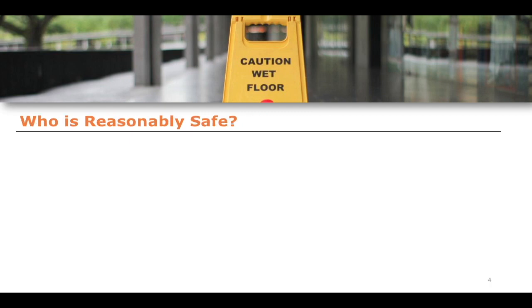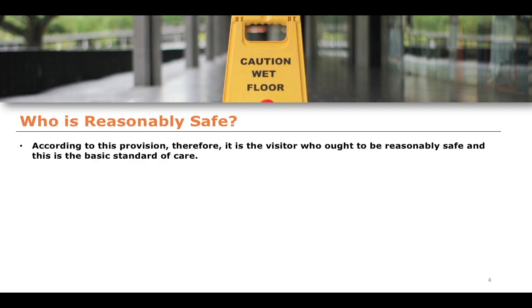So fundamentally, therefore, the question is, who is reasonably safe? And this is the standard that is required to be spoken about. According to this provision, it is the visitor who ought to be reasonably safe in the property that is being questioned.